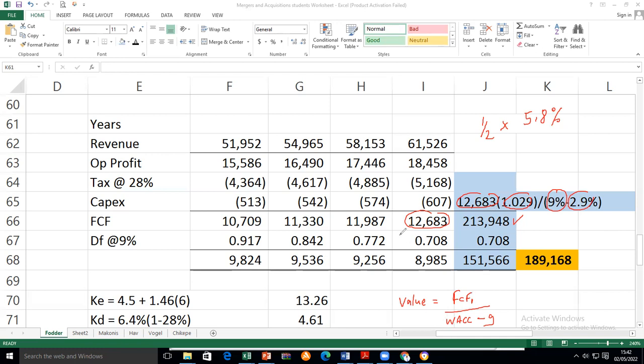Then as we said, the discount factor for year 4 is the one that we apply here, to discount to find the present value. So the value of the combined company is 189,168.